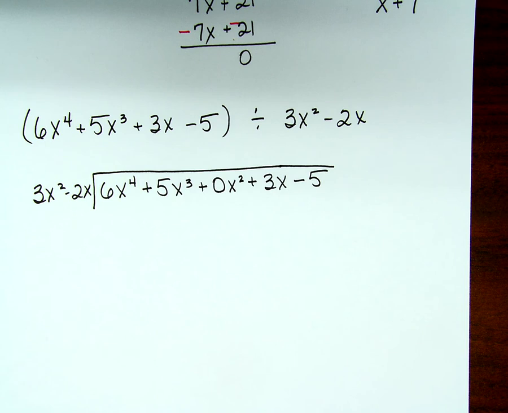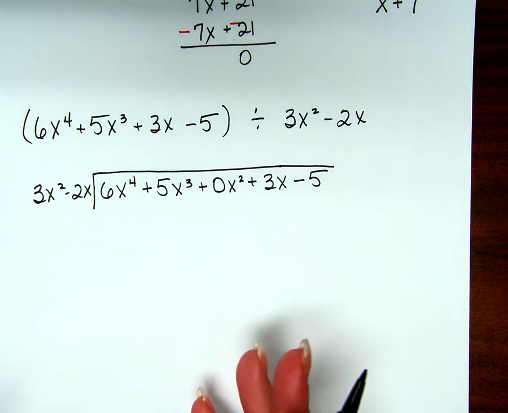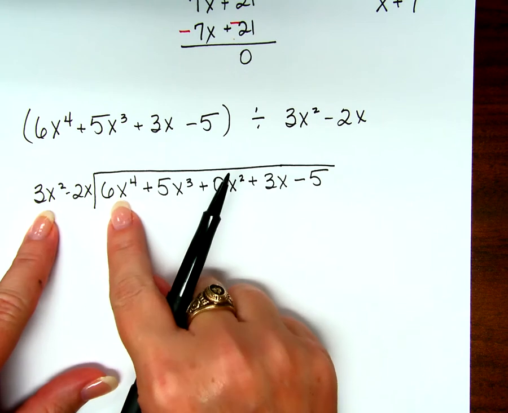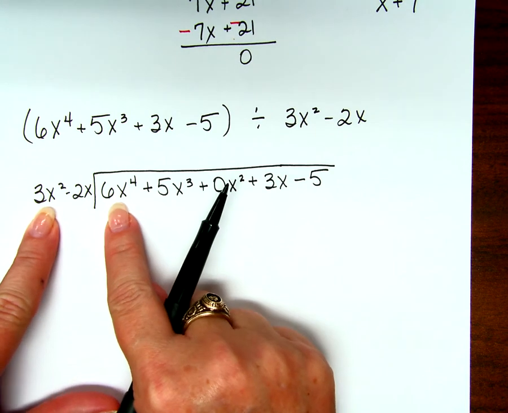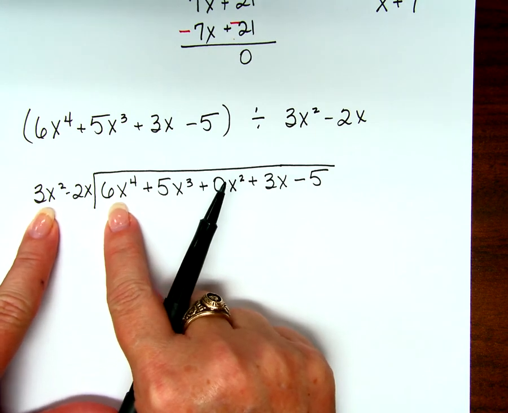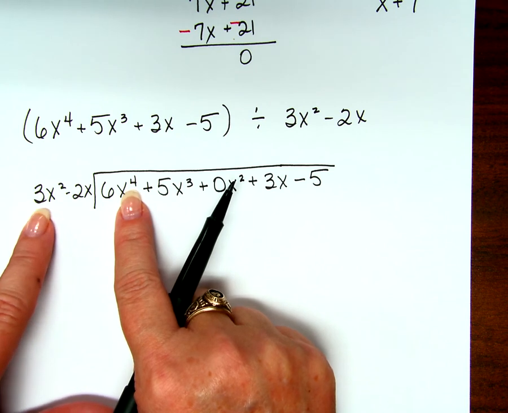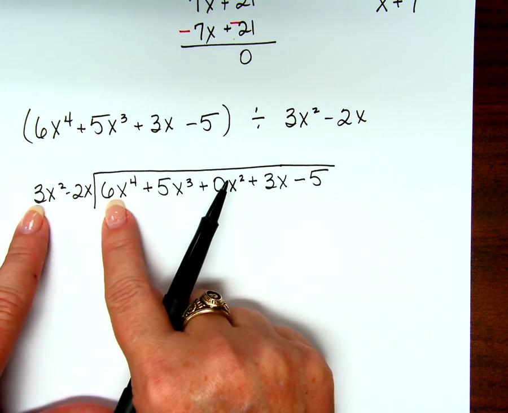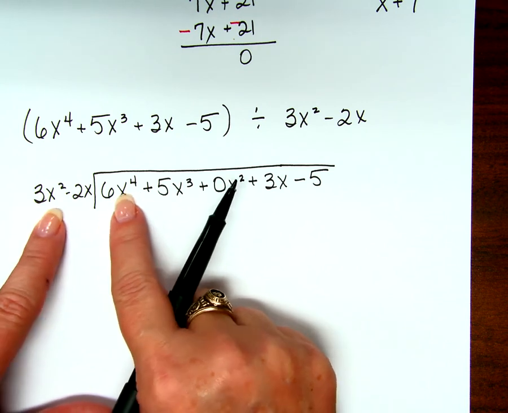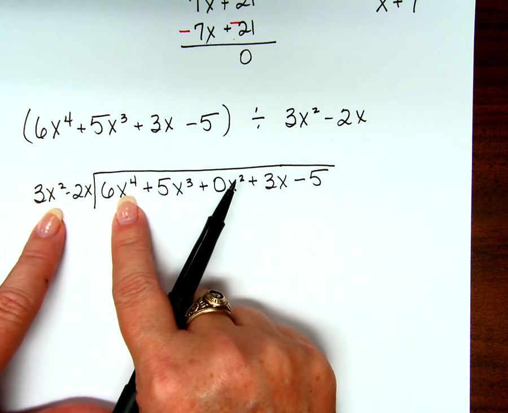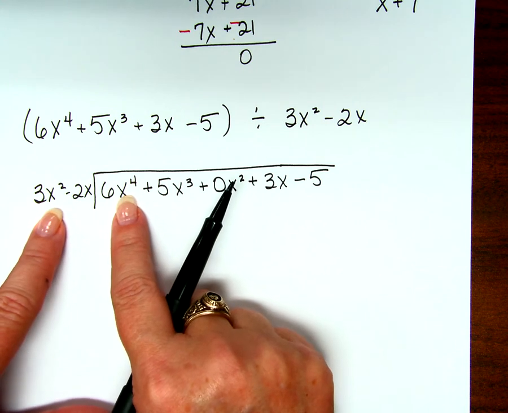Okay. Now this looks messy, doesn't it? It looks long and hard, doesn't it? But I only look at the first two terms. That's all I'm looking at right now. What is 6x to the fourth divided by 3x squared? Well, 6 divided by 3 is 2. X to the fourth divided by x squared is x squared, right?